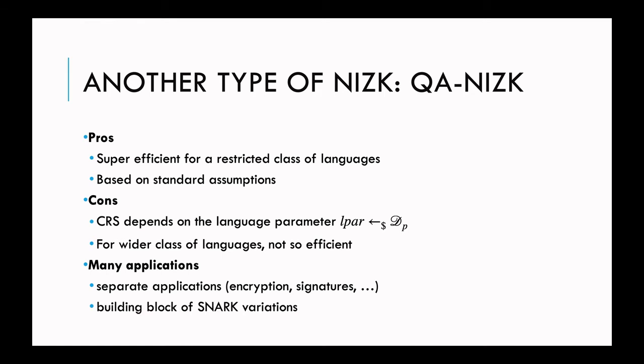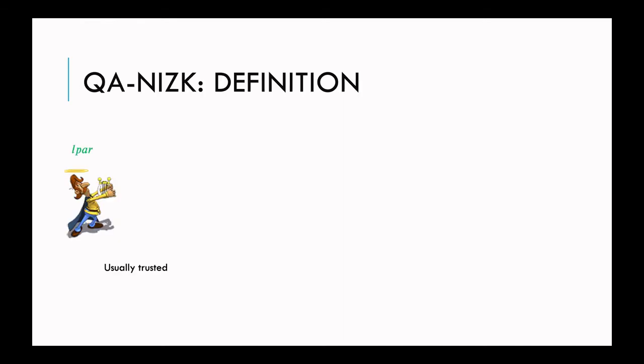Maybe more interesting from my point of view is that KNIZKs can be used as building blocks of SNARKs. And if KNIZK has some property, let's say KNIZK is updatable, then you might also get a SNARK that has the same property. I'm not going to discuss SNARKs anymore. The rest of this presentation is about KNIZKs.